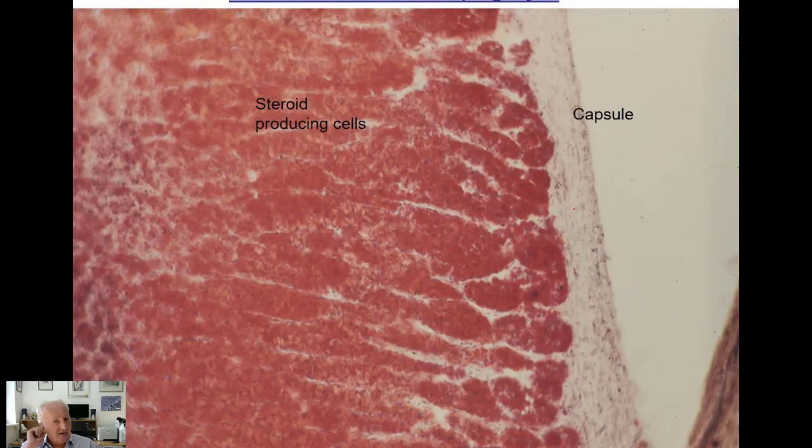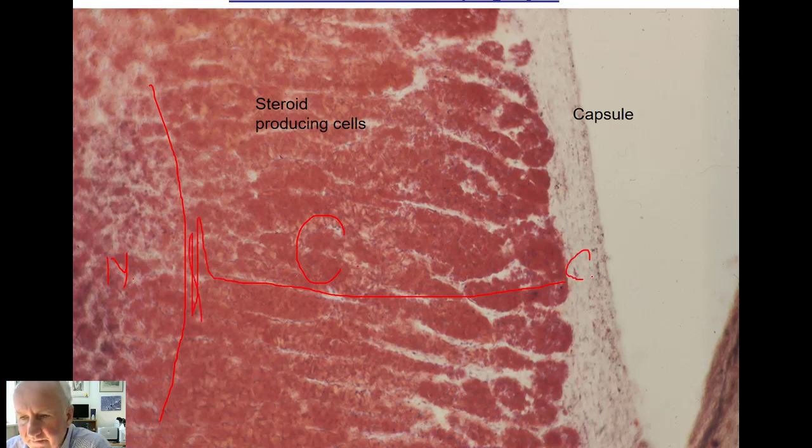Here you see a nice picture, but not stained with hematoxylin eosin, but this time stained with oil red. So here is a borderline. This is the cortex. Here is the medulla. And here we see zona glomerulosa, zona fasciculata, and here zona reticularis.